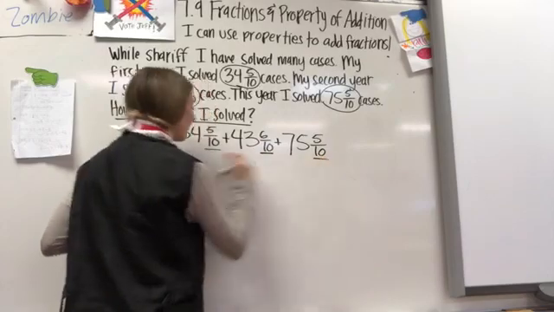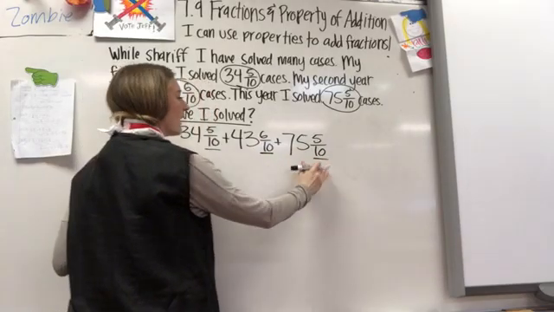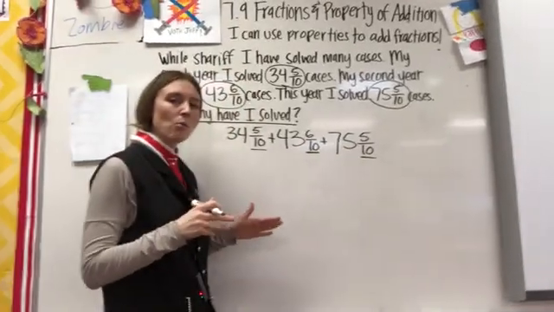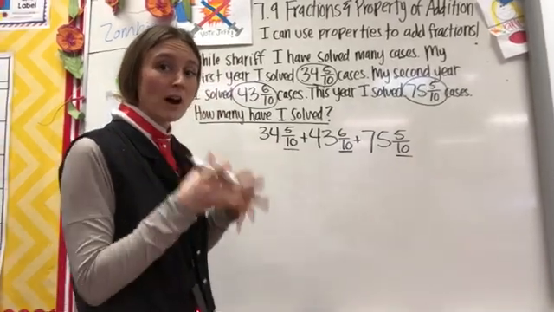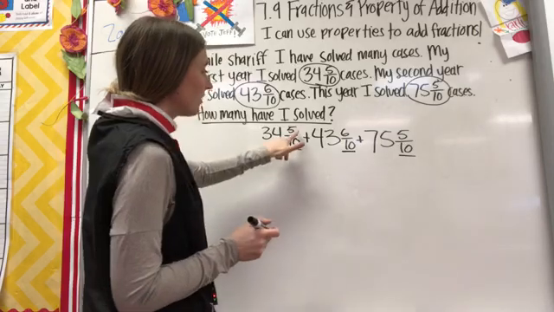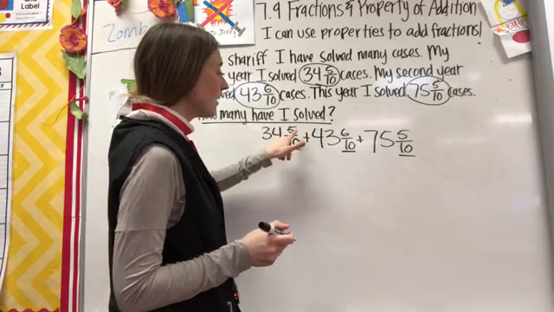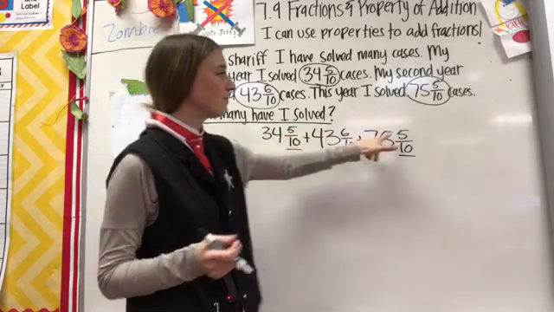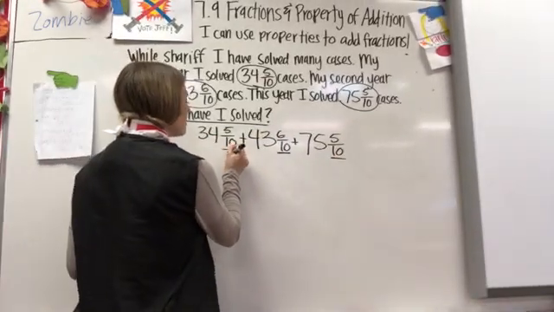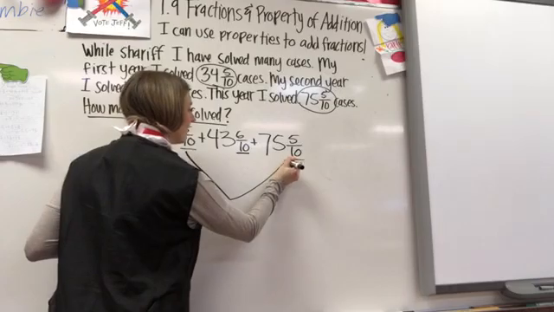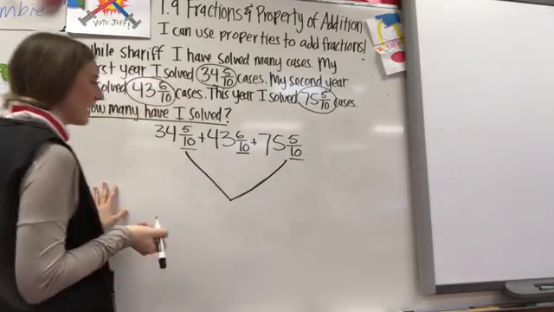We've got 5/10, 6/10, and 5/10. We want to figure out what two fractions we could add together to make one whole, 10/10. So is 5 plus 6 equal 10/10? No, but does 5 plus 5 equal 10/10? Yes. So what we want to do is add these two fractions first, okay?